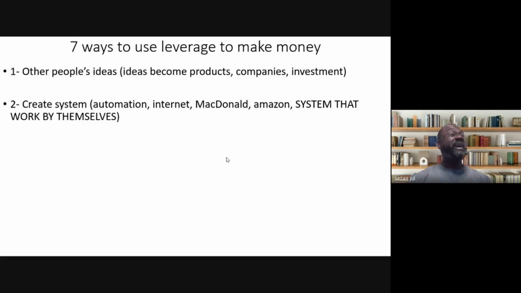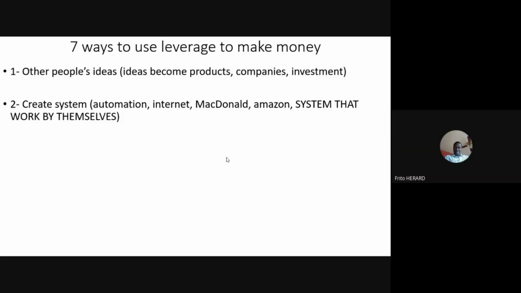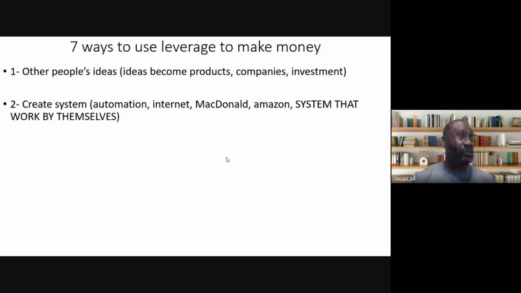Right now, what's happening around the world is that they're leveraging automation, and a lot of people are losing their jobs because Amazon is gonna lay off 60,000 people. They're going to be replaced by automation. They don't need somebody to do it. Now the machine and the computer will do it for them. So that's leverage.